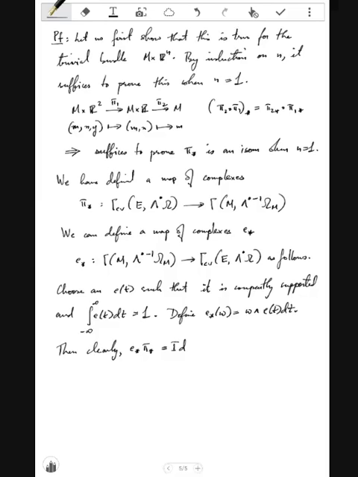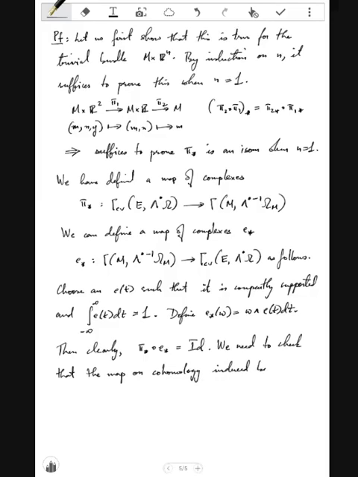Now it's the other way around. First I apply pi lower star composed with e lower star is equal to identity. We need to check that the map on cohomology induced by e lower star composed with pi lower star is the identity.